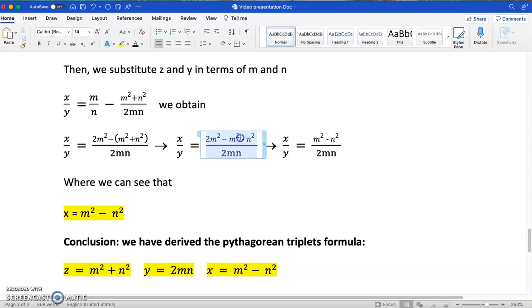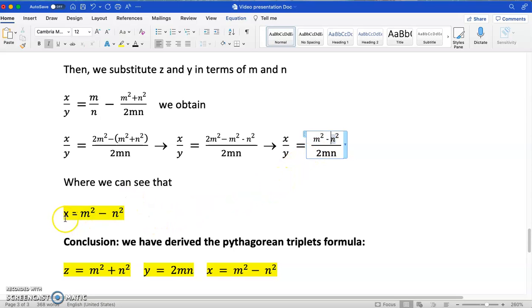When we subtract the numerator here, we get that x equals m squared minus n squared, and y down here equals 2mn, which we already know. So we have obtained x in terms of m and n, which is what we want.